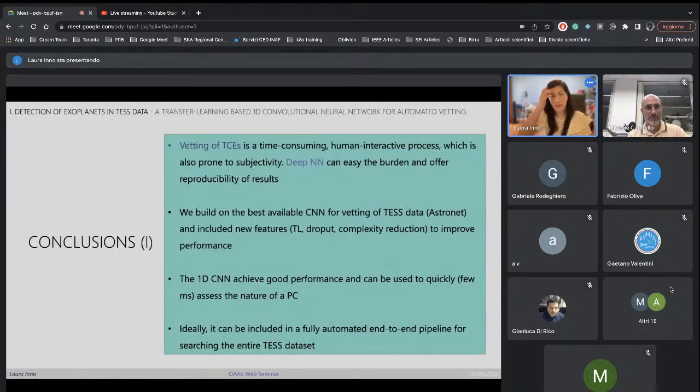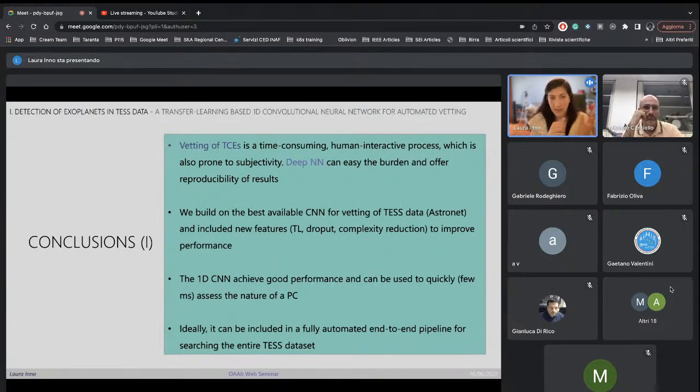So this brings me to my first conclusion for this part. As I said, our vetting of potential planet candidates is a time-consuming human interactive process, also prone to subjectivity, and that's why the neural network can help us make everything more automatic and specifically offer reproducibility of the results, which I think is really important.